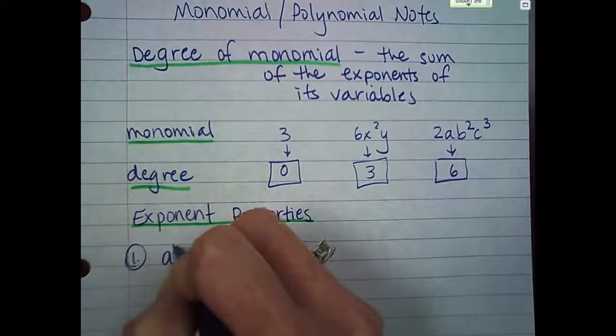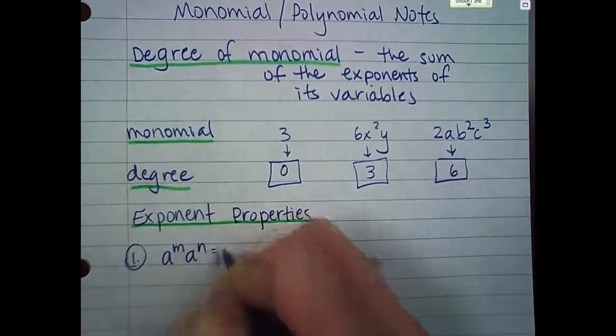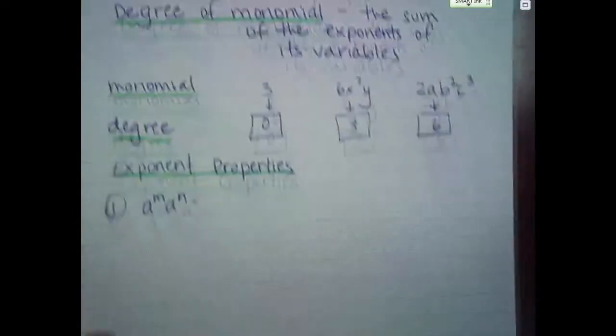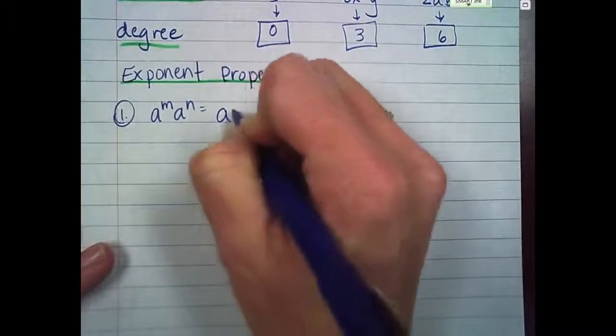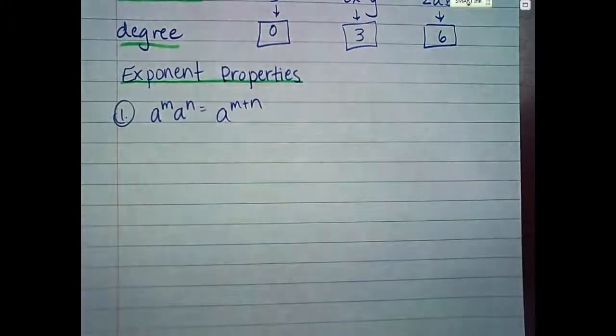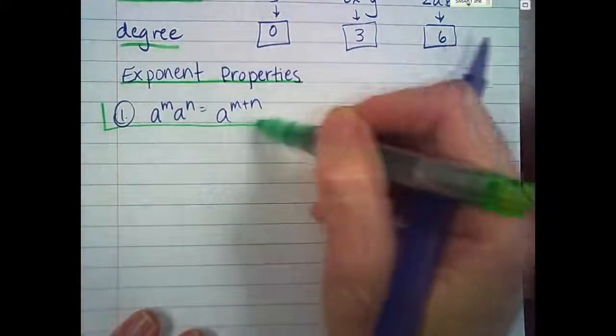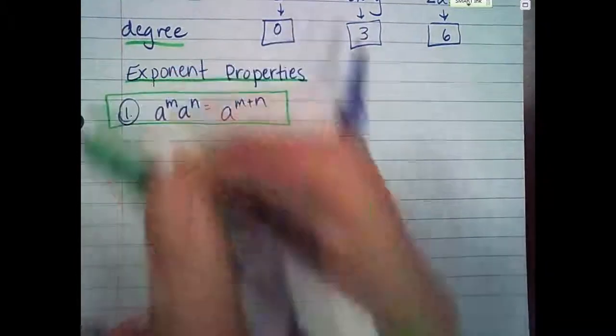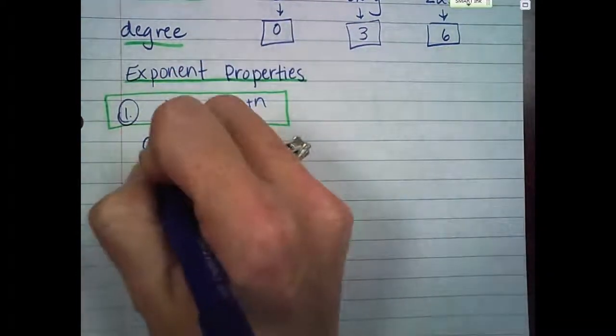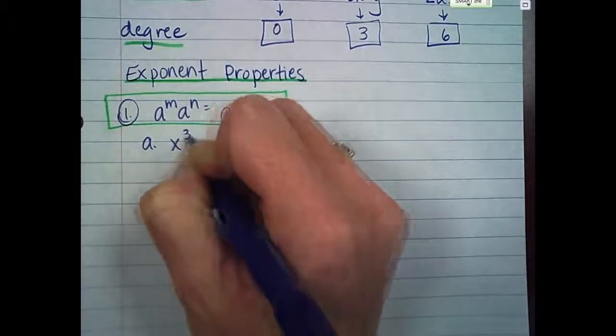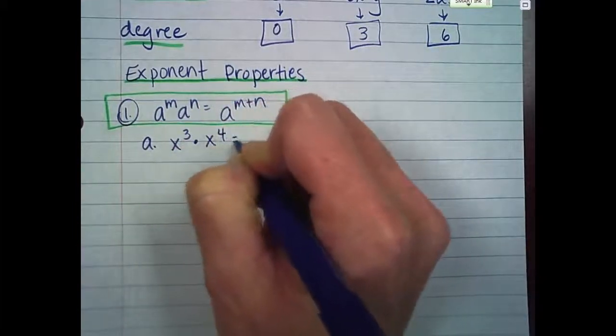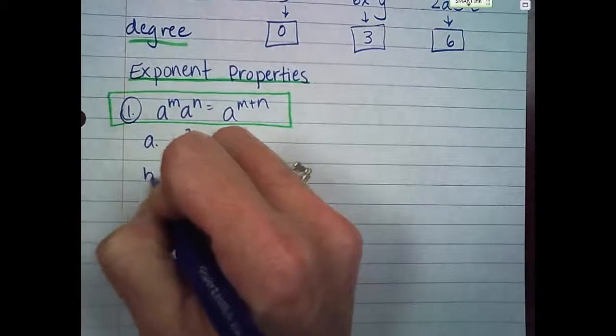If I told you a to the m times a to the n, when you multiply and the bases are the same, you actually are adding the exponents, right? That's what that property states. So in other words, an example would be x cubed times x to the 4th is actually x to the what?